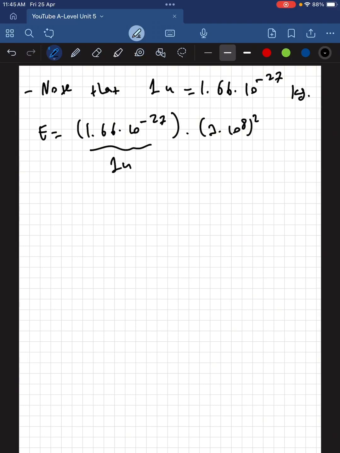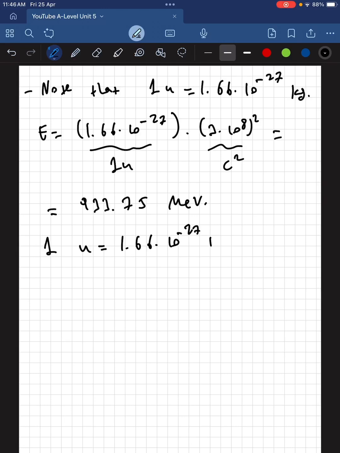So this is 1 u, this is c squared. And if we do this calculation, we will find 933.75 MeV. So one atomic mass unit is equal to 1.66 times 10 to the negative 27 kilograms, and also equal to 933.75 MeV.